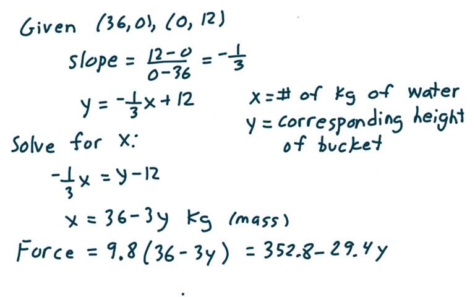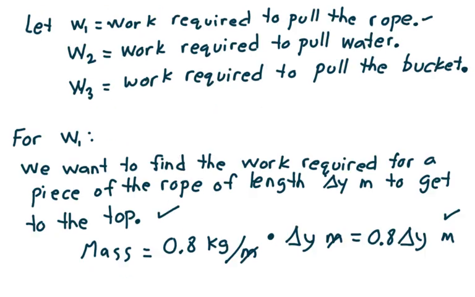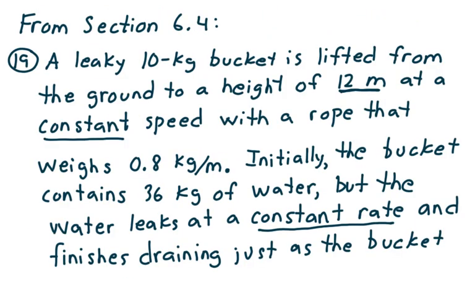Now, we're given the ordered pairs 36, 0, and 0, 12. And I want to go back just a few steps here. Now, remember the water leaks at a constant rate, right? Which means there is going to be a linear relationship that's being described here.